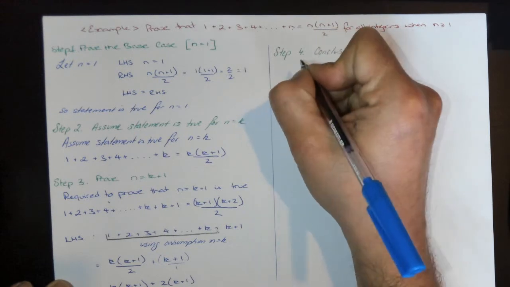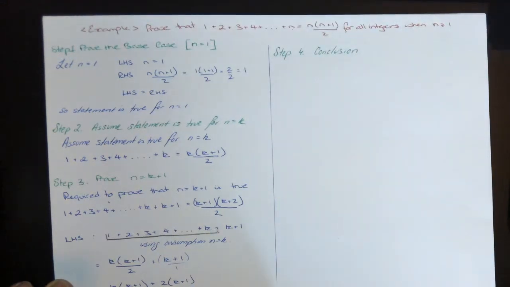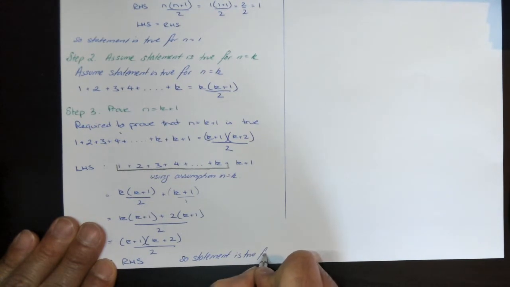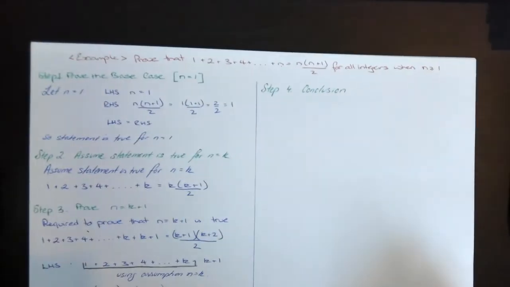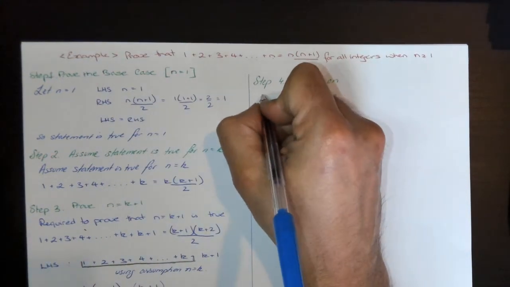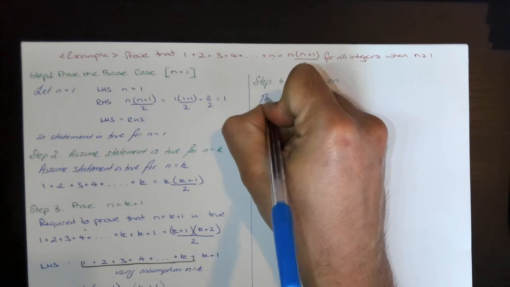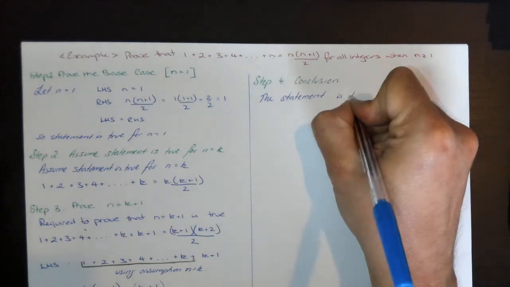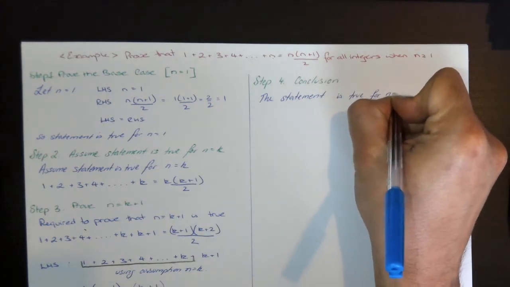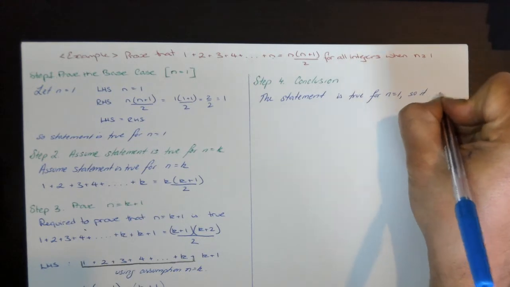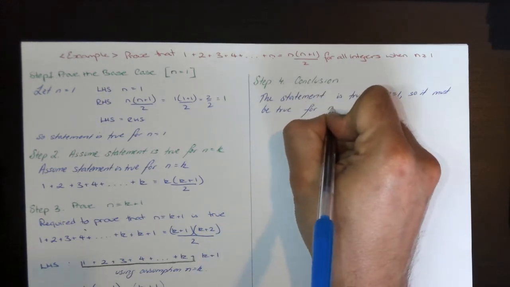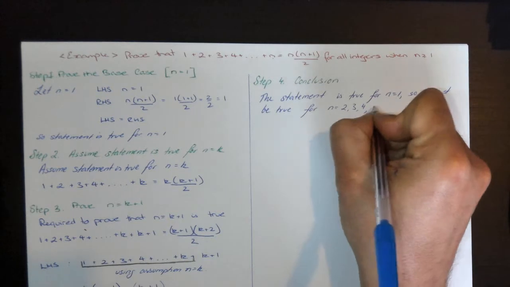So I should actually write, statement is true for n equals k plus 1. So the conclusion here, I'd write the statement is true for n equals 1, so it must be true for n equals 2, 3, 4, and so on.